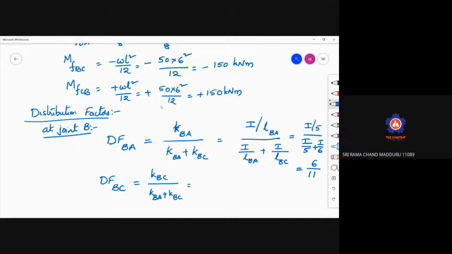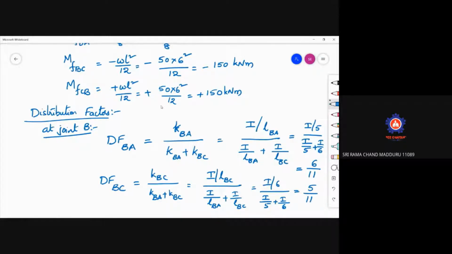That is the relative stiffness of the member to the relative stiffness of the total members meeting at the joint, the ratio that can be considered as distribution factor. So this will be I by LBC over I by LBA plus I by LBC. So this is I by 6 over I by 5 plus I by 6, which will be 5 by 11.